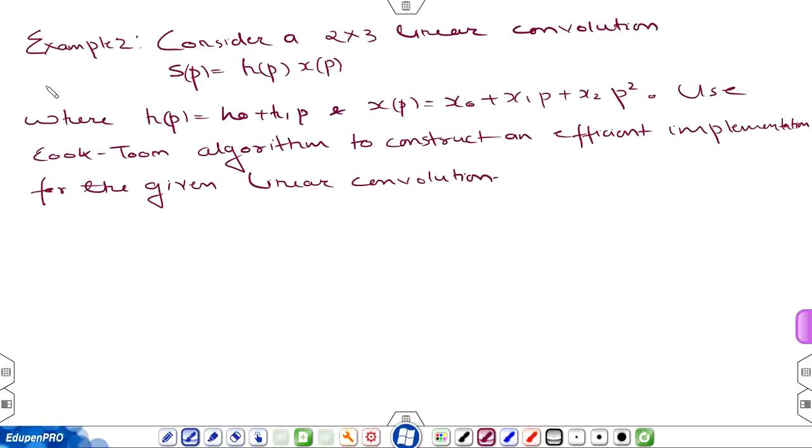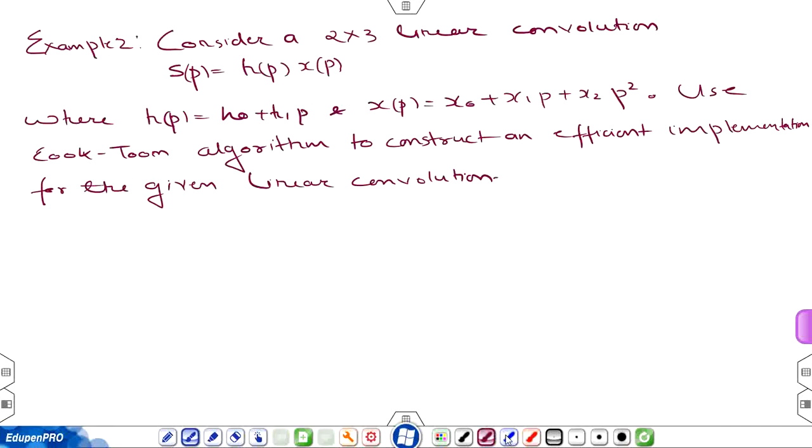So we will take another example, a 2 cross 3 linear convolution given by S(p) = H(p) · X(p), where H(p) is h0 plus h1 p and X(p) is x0 plus x1 p plus x2 p square, and we will use Cook-Toom algorithm to construct an efficient implementation for the given linear convolution.